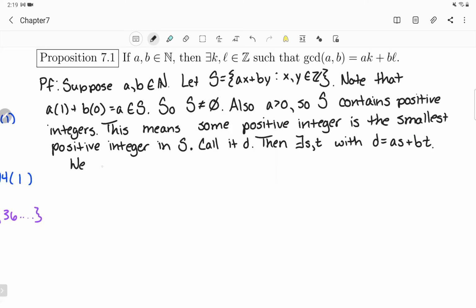So we will show D equals the GCD of A and B. We don't have to put that sentence, but when you're doing a longer proof, it can sometimes help to cue your reader into where you're going so they don't lose track of what's going on in all the steps. Okay. So I want to show D is the GCD of A and B.